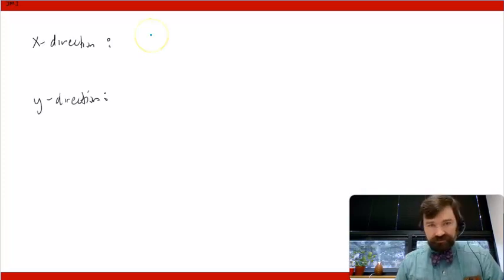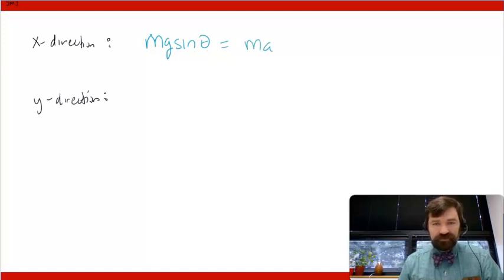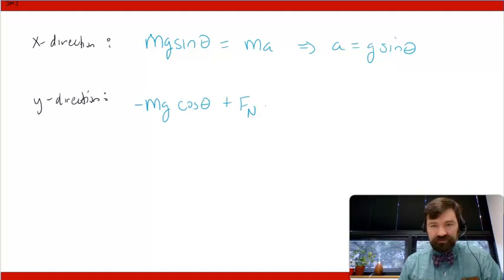Okay, so the conditions for Newton's law will basically be this. In the x direction, I basically get m times g times sine of theta is mass times acceleration. And so therefore acceleration is g sine theta. On the other hand, in the y direction, I have m times g times cosine theta, downward, or negative, plus the normal force is 0.